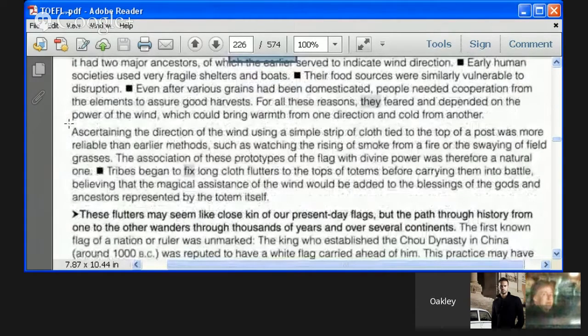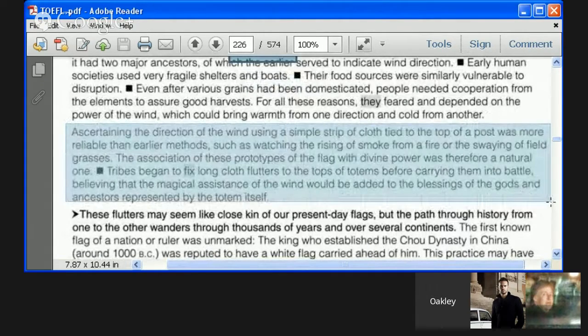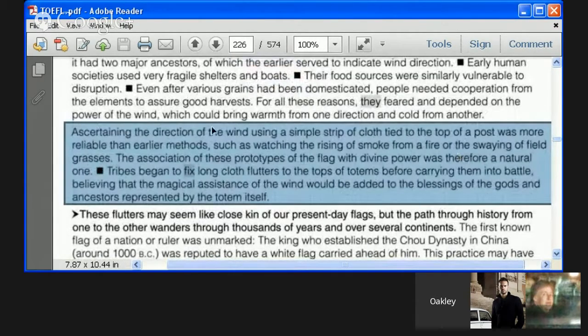We're just trying to more or less map where this information is and how the author lays it out. Ken, I also bring up the wind. Here's more about the wind. Ken, what do you think?